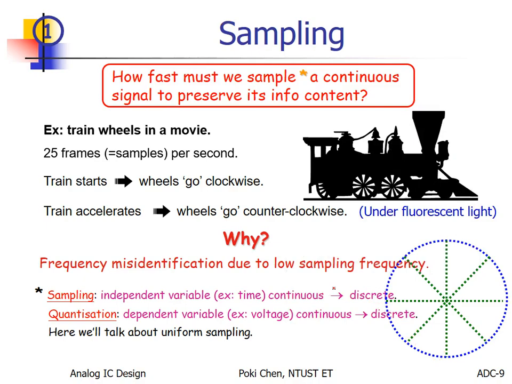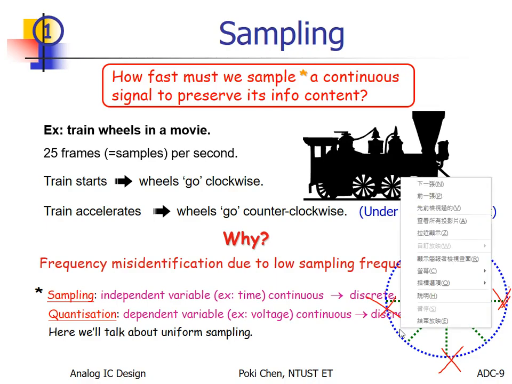You will see the ant from the beginning is here. If we double the speed, then the ant is there. It rotates even faster than before, right?